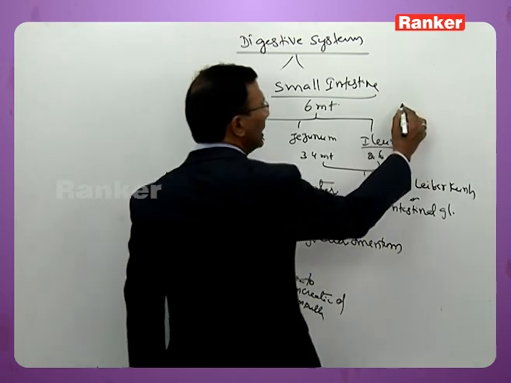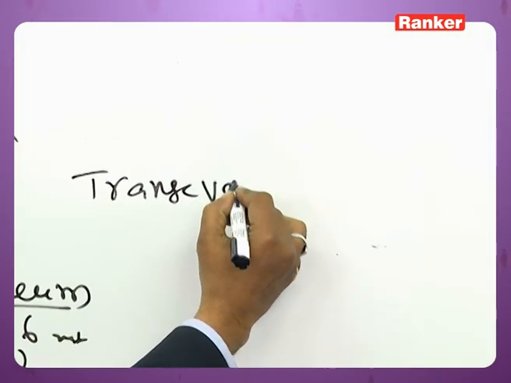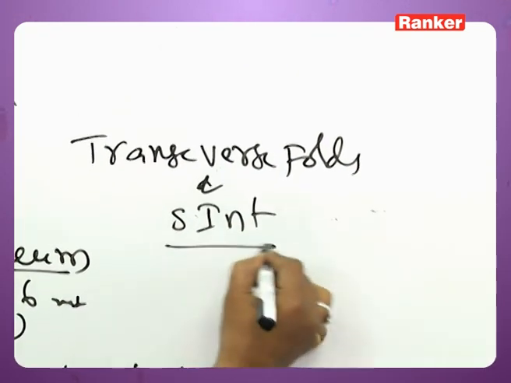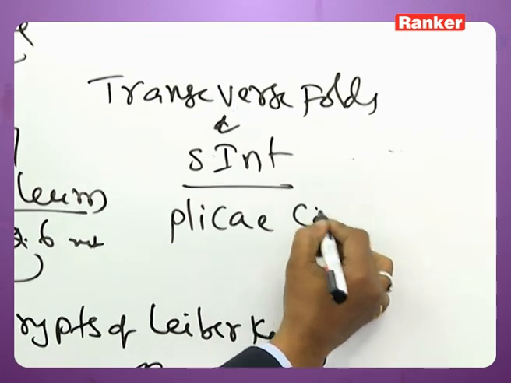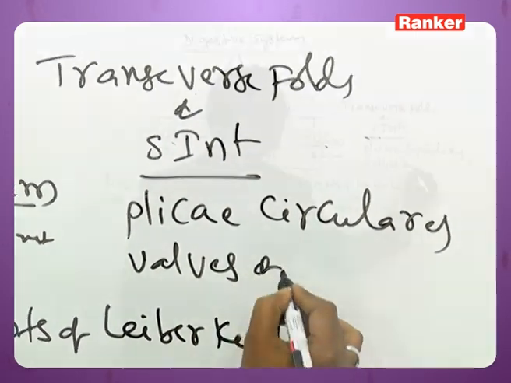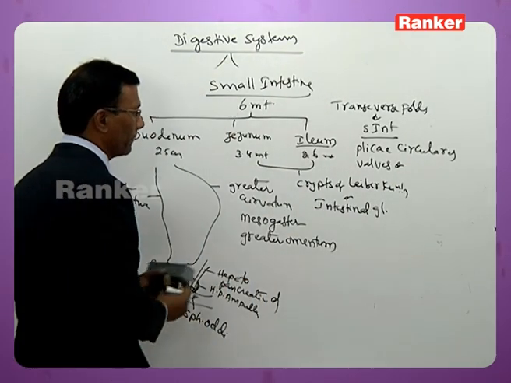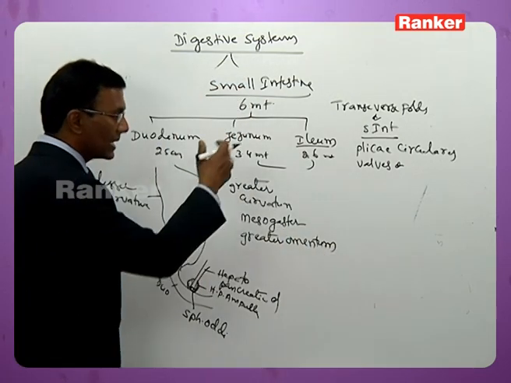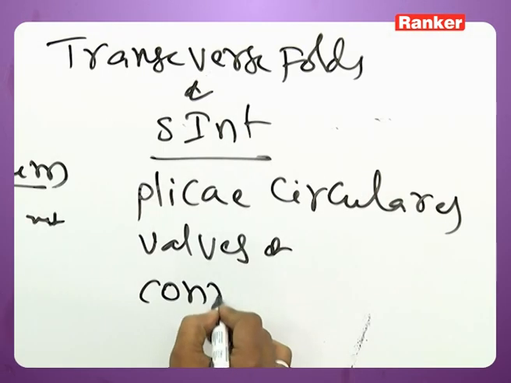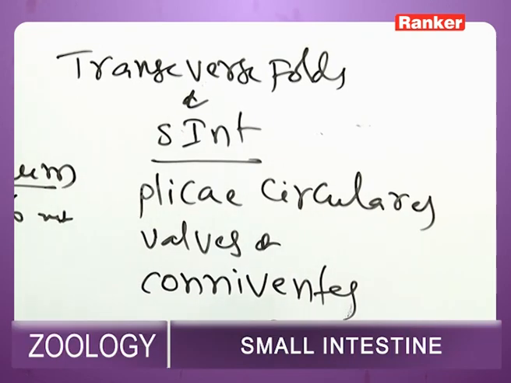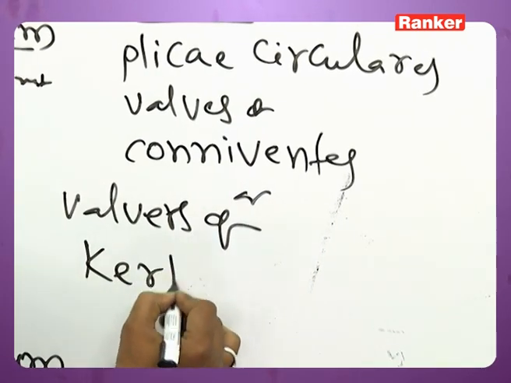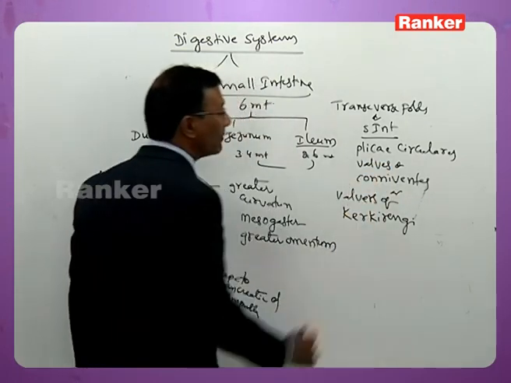The transverse folds of the small intestine are called plicae circularis or valves of conniventes, or they are also called valves of Kerckring.